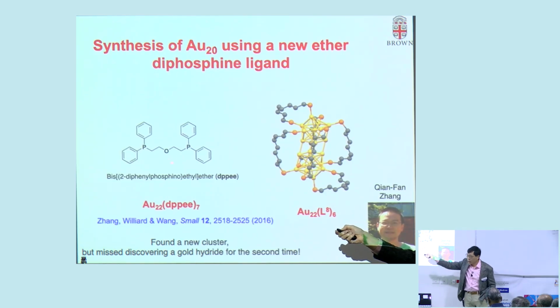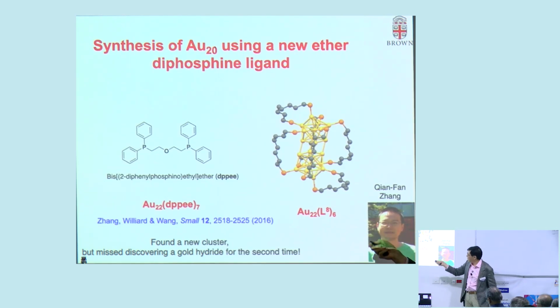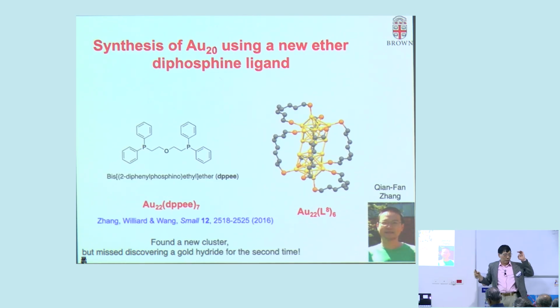This is an ether group. This is about the same size as this. And so when Chen Fan tried to use this ligand to synthesize this same cluster, he got a gold-22 cluster. But now it consists of 7 ligands instead of 6 in this case.